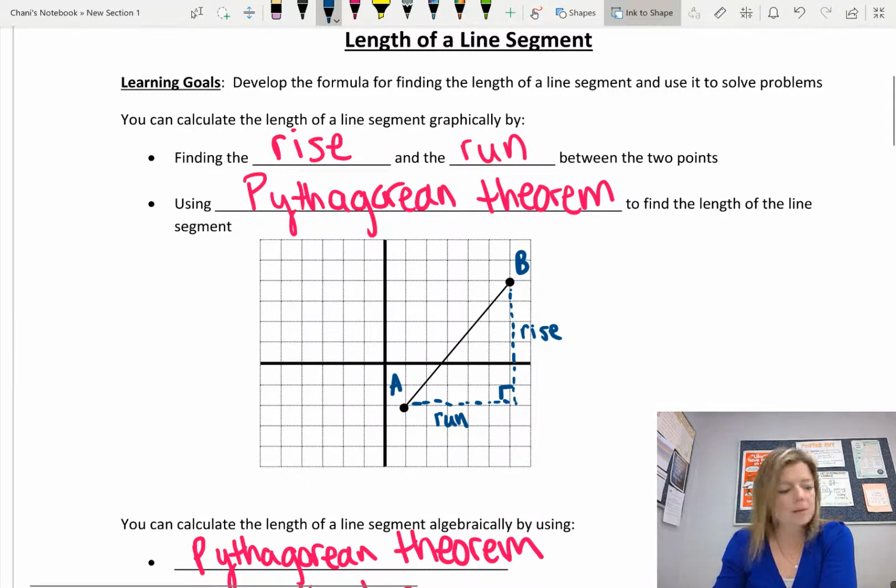And this actually creates a right angle triangle. So if you recall the Pythagorean theorem, basically you have the hypotenuse squared equals this side squared plus this side squared. So we can rewrite it this way.